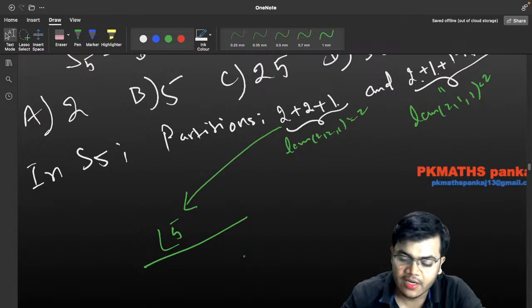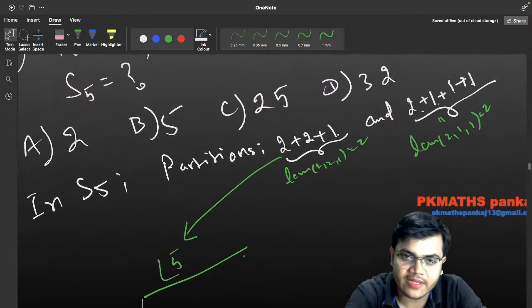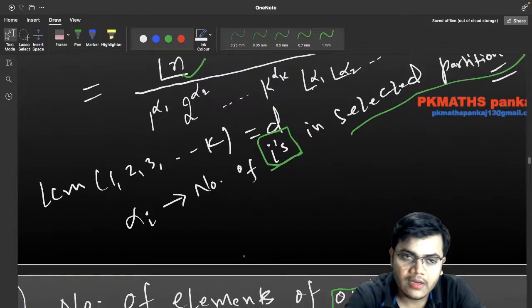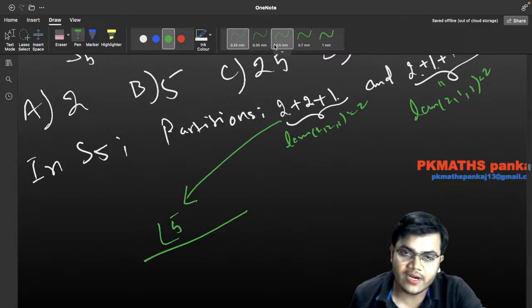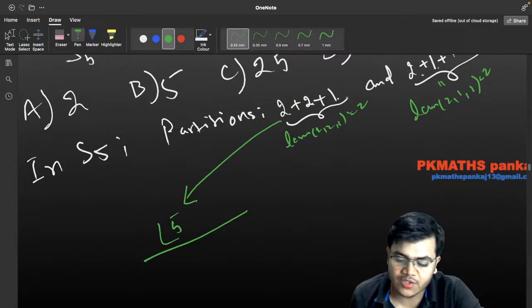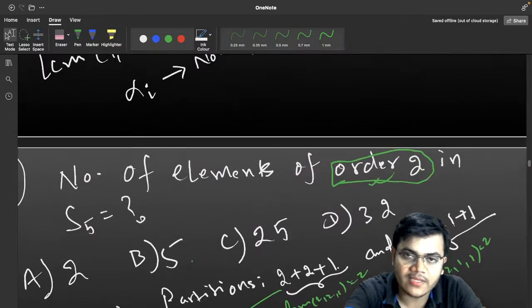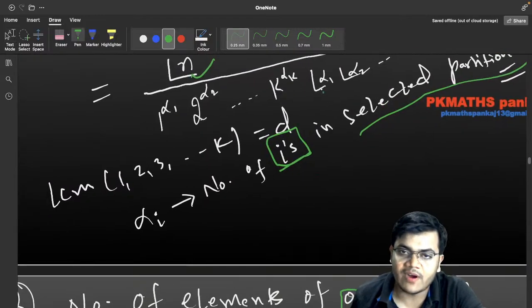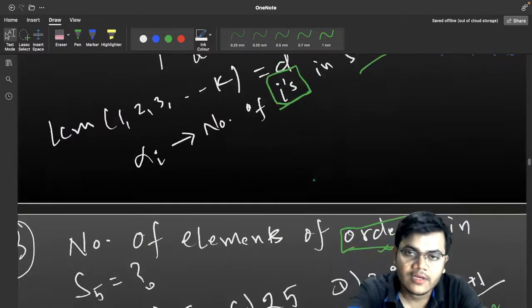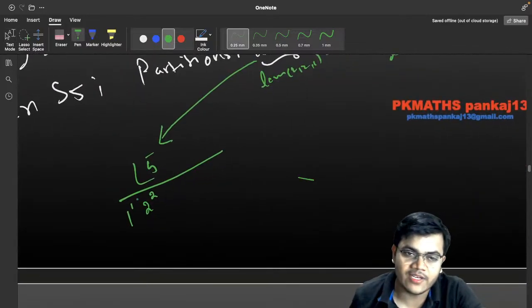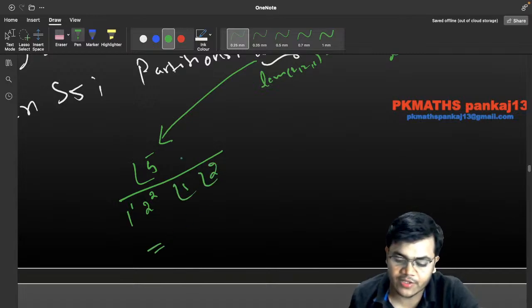You can see how many parts are there for 2: 1 to the power alpha 1, 2 to the power alpha 2, things like this. So here 2 plus 2 plus 1 is there, so we will write 1 to the power 1 and 2 to the power 2, and thereafter factorial alpha 1, factorial alpha 2. Alpha 1 is 1, alpha 2 is 2, so we are just going to write factorial 1 into factorial 2. So this many elements will be there.